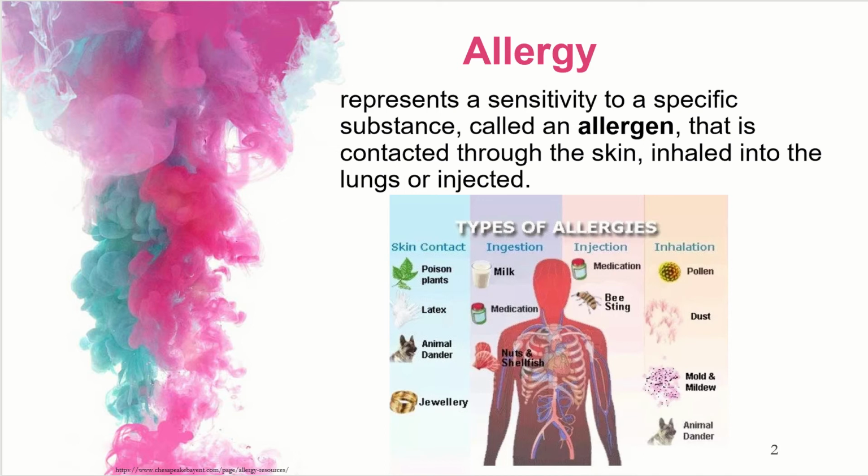So, what is an allergy? Well, it represents a sensitivity to a specific substance called an allergen that is contacted through the skin, inhaled into the lungs, or injected. So if you look at this image here that's titled Types of Allergens, we see where we could have a variety of exposure here from jewelry, latex, plants, milk, bee sting, dust, pollen, etc. Right?